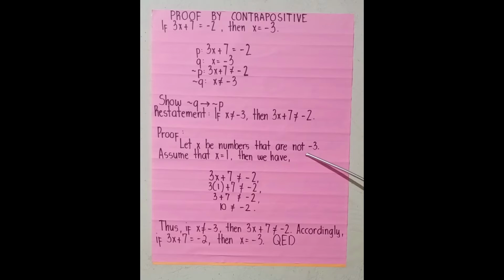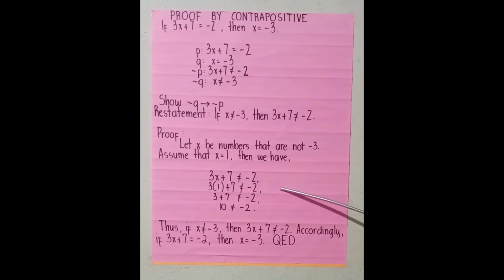So proof. Let x be the numbers that are not -3. Let us assume that x = 1, since 1 is not -3, right? Then we have 3x + 7 is not equal to -2, which is from the restatement.